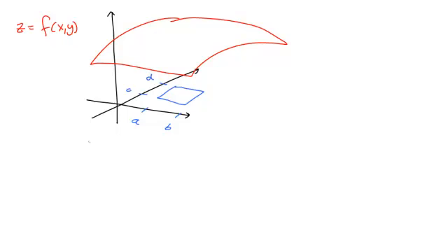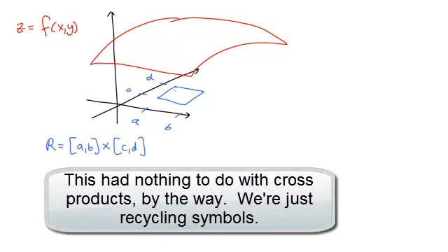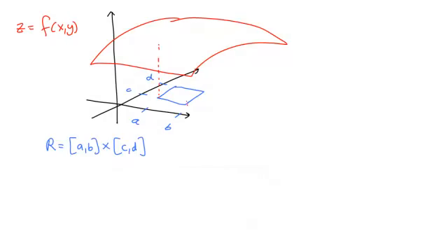Such a rectangle is sometimes denoted as [a,b] cross [c,d]. This isn't the vector cross product, it's just using the same sort of notation. Given a rectangle like this, we could talk about the portion between the rectangle and the part on the surface of the graph. So I'll find where each of these points are on the graph.